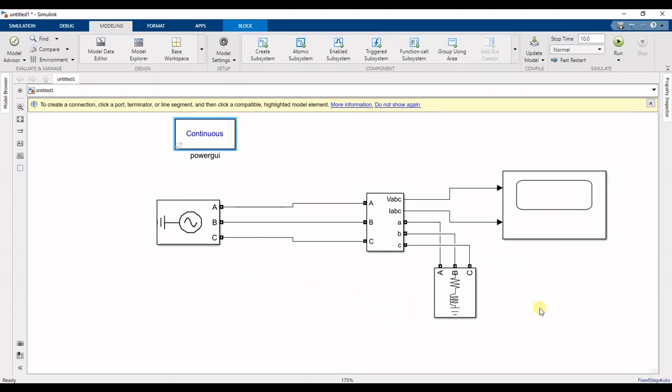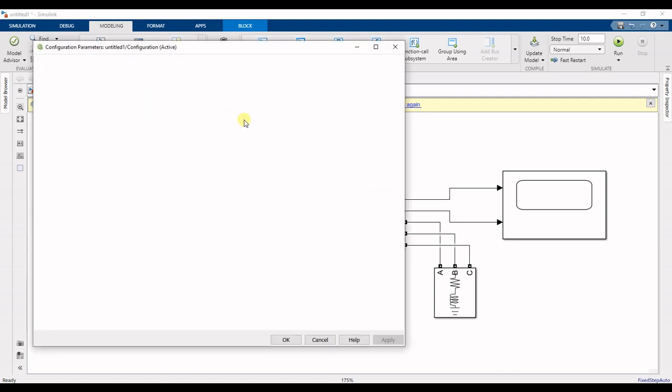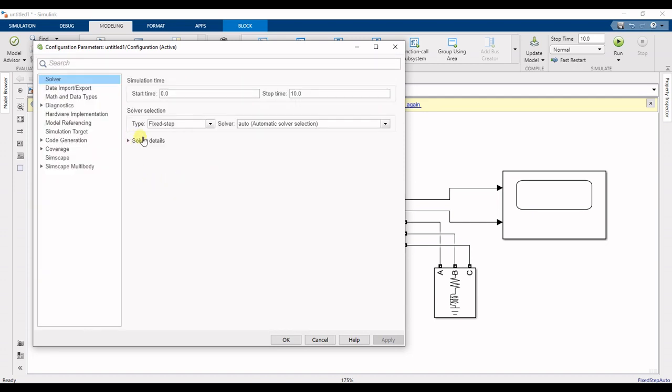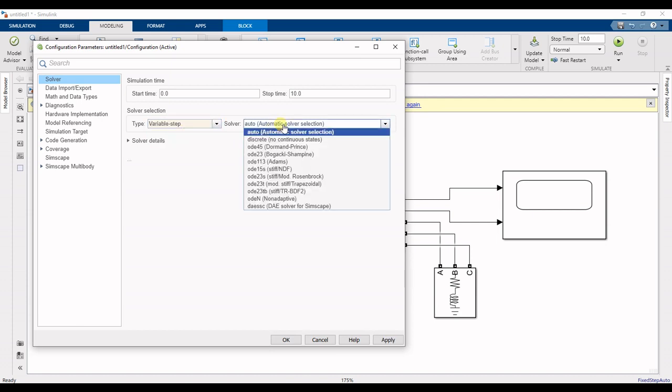So in order to get a continuous, smooth waveform, we will go to the model settings. Here the solver is a fixed step solver. We will change the fixed step to variable step and select the solver ODE23, or you can use any of the solvers for the solution of the parameters of the blocks we have used.